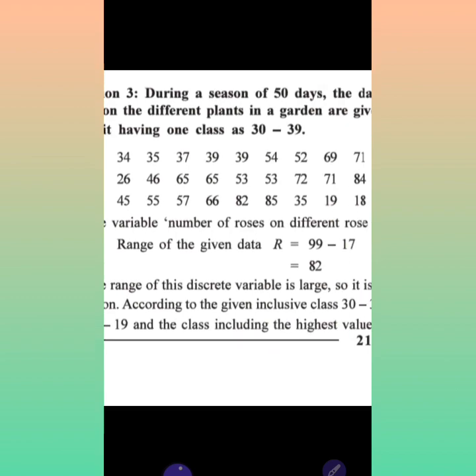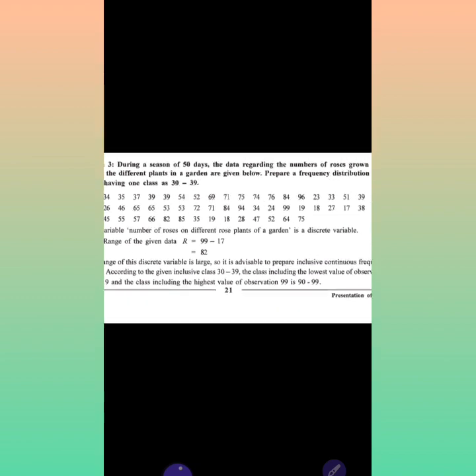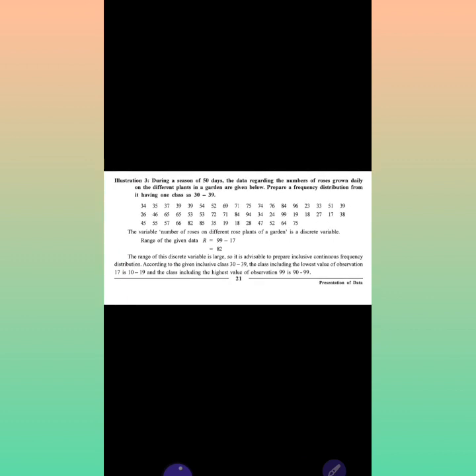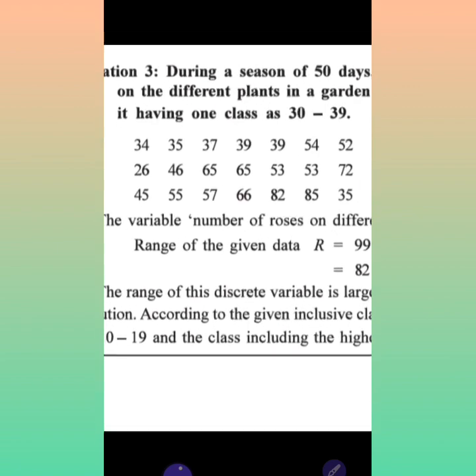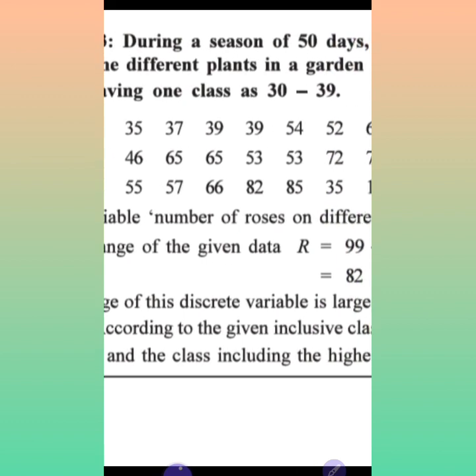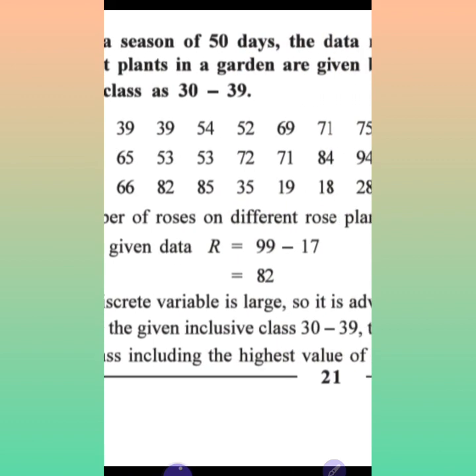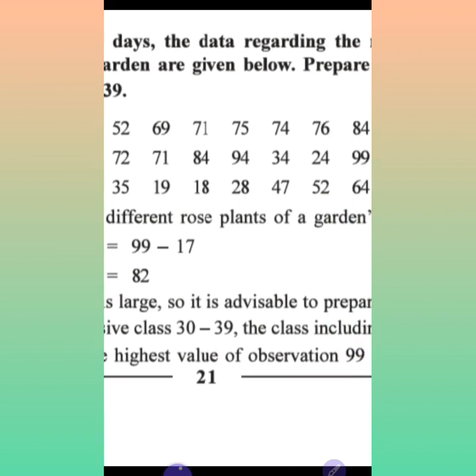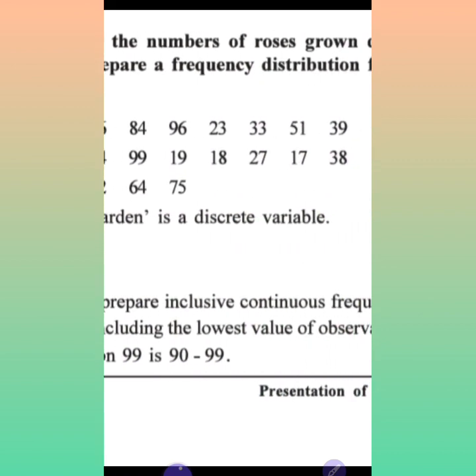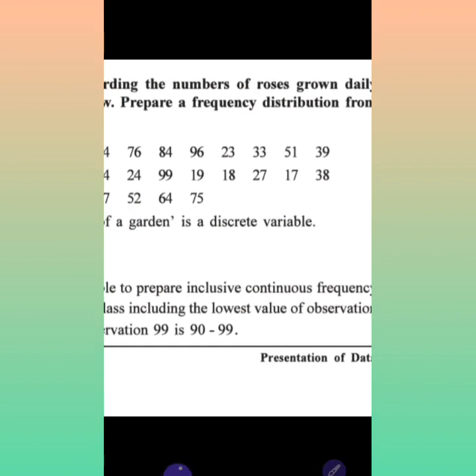So over here again children, our method will remain the same. Whatever numbers have been given to us, we shall find out the highest observation and then the lowest observation. If you see all the numbers minutely, you would find that 99 on your screen is the highest observation.